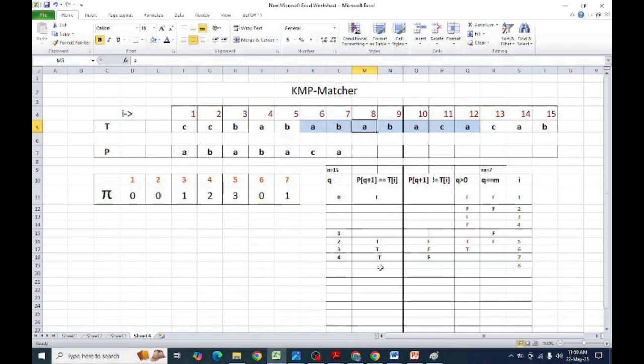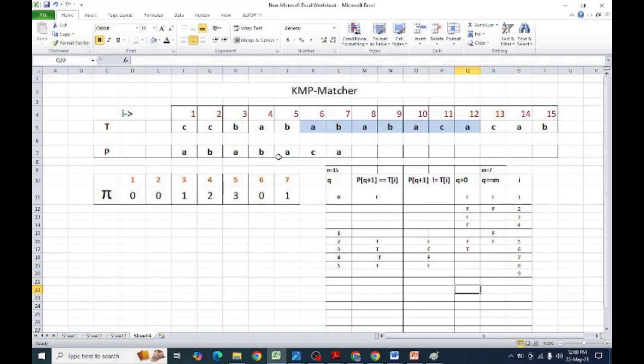So this condition is true. This is false. So the while loop will not work, but the if statement will work. Then inside the if statement, q will be incremented. Q will become 5. We will be taking the next character, that is 9. I is equal to 9.